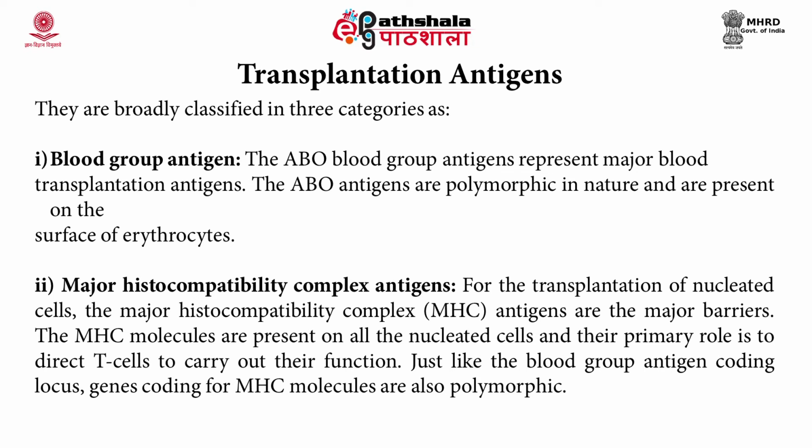Just like the blood group antigen coding locus, genes encoding MHC molecules are also polymorphic. There are 6 different loci and a very large number of different allelic forms which exist for MHC. The MHC complex in humans is called the human leukocyte antigen or HLA complex and is present on chromosome number 6, whereas in mice it is called the H2 complex and is present on chromosome number 17.